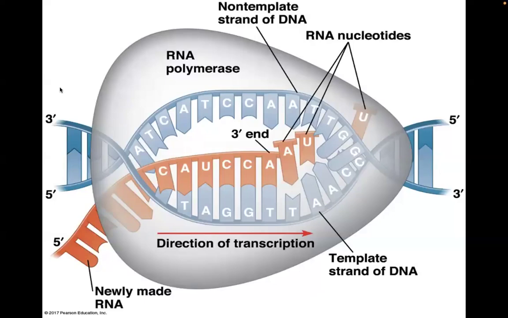This diagram here depicts the overall process of transcription with a closer examination of the RNA formation. Note that we have the 2 different strands of DNA, one running in 3' to 5' and one running from 5' to 3'. In this case here, the direction of transcription is moving from left to right.